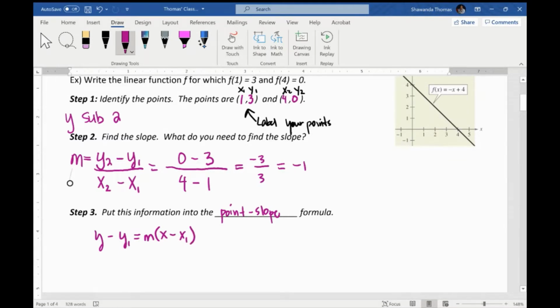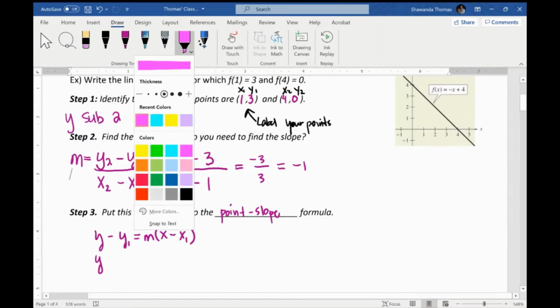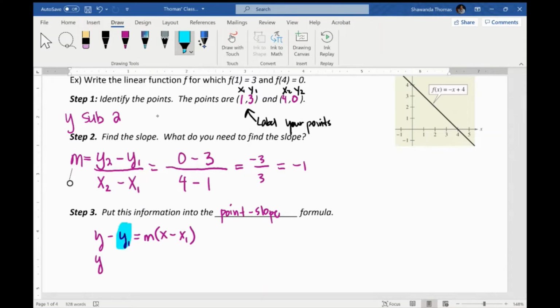So we're going to put the information that we have into this formula. We don't put anything for the regular y and the regular x. We are replacing the y sub 1 with what? So y minus, what's y sub 1? 3. Equals, we are replacing the m with negative what?